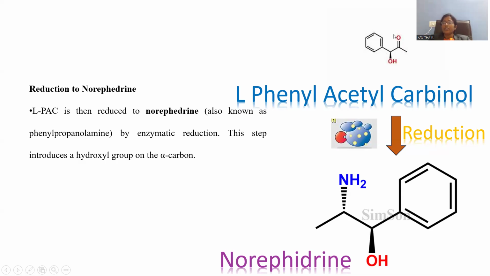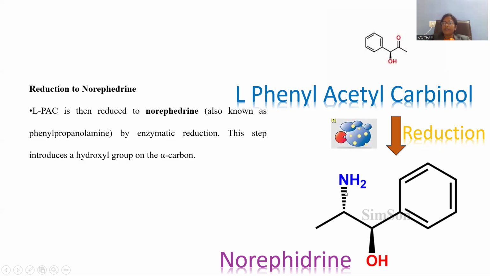Simply, this ketone is now converted into NH2, right? For this purpose, we need to go for first reduction, later on amination. That means reduction followed by amination is required for converting this phenyl acetyl carbinol into norephedrine. So whatever compound is generated here is called norephedrine.